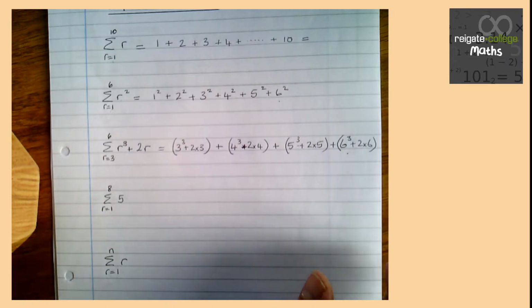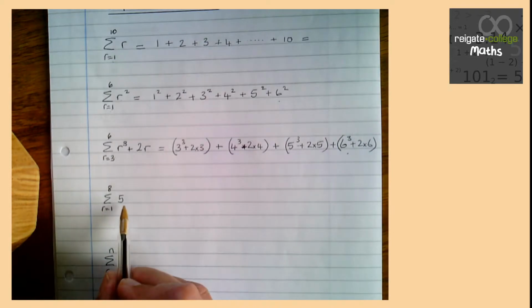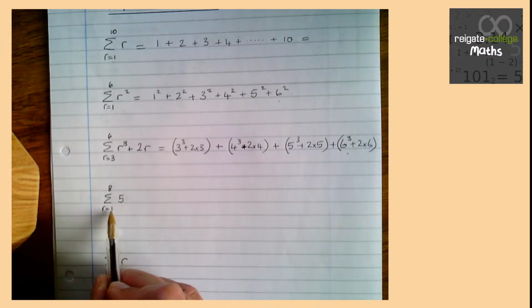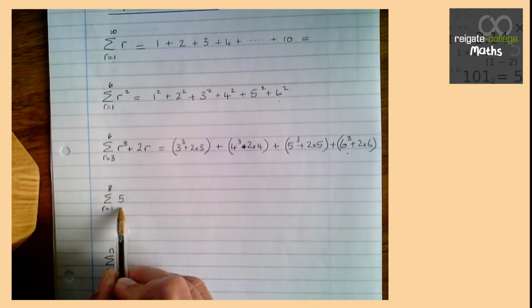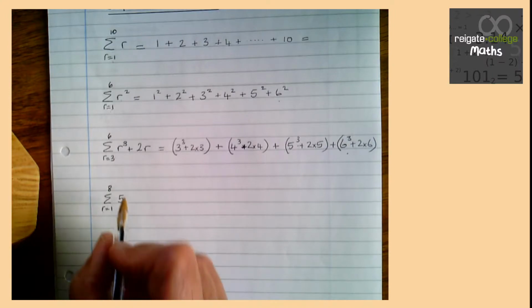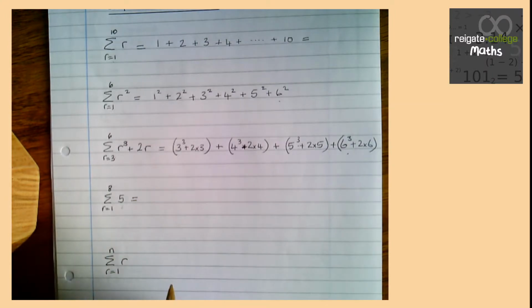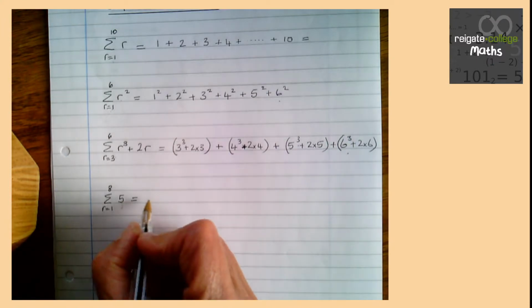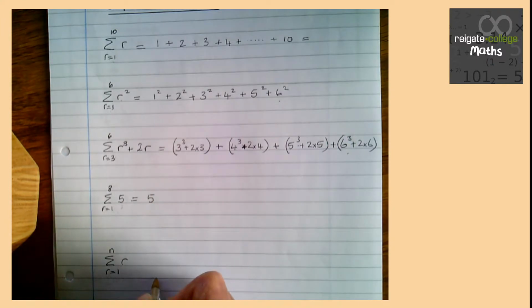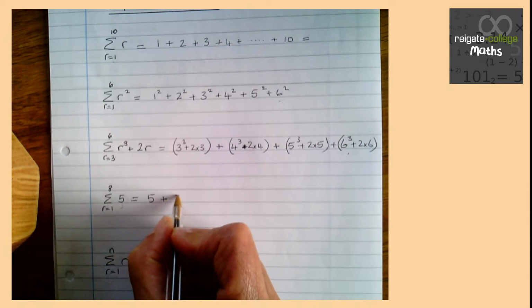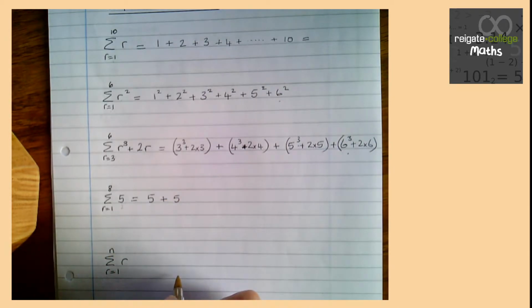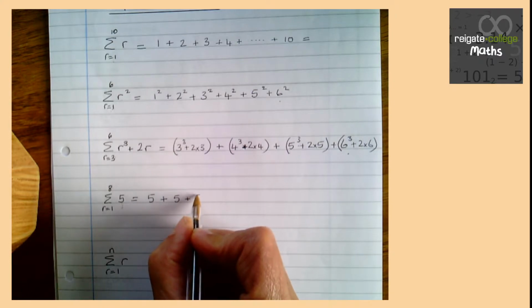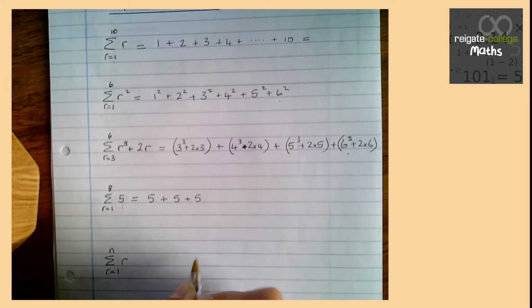A couple of things to be aware of. You can have the sum of r equals 1 to 8 of 5. That's a little bit confusing at first, but just follow the same method. When r is 1, I'm going to write down 5. When r is 2, I'm going to write down 5. When r is 3, I'm going to write down 5.